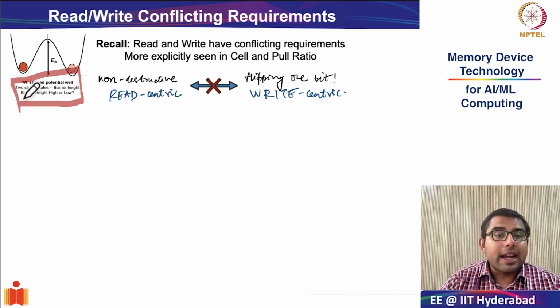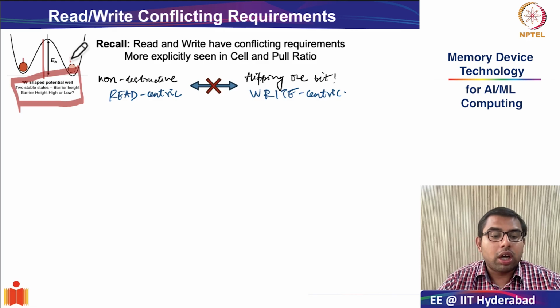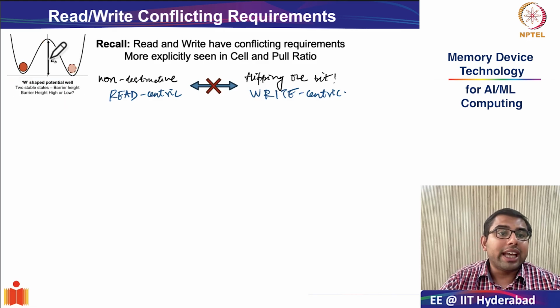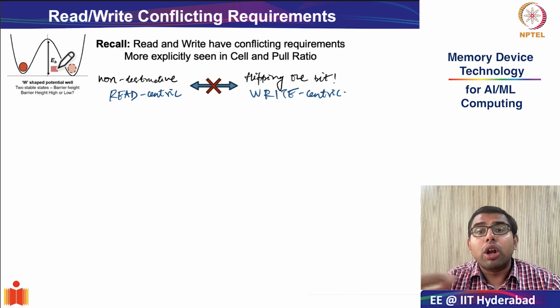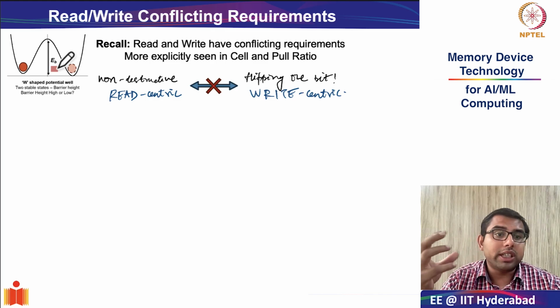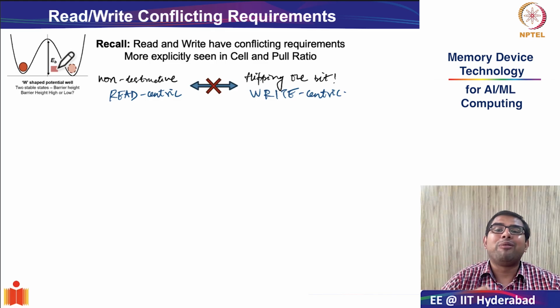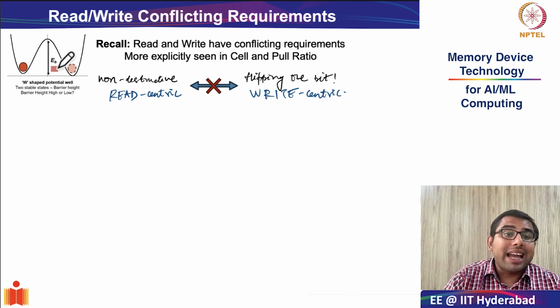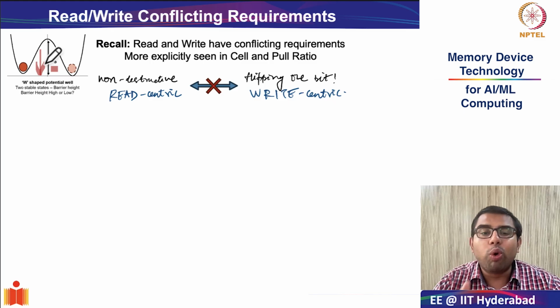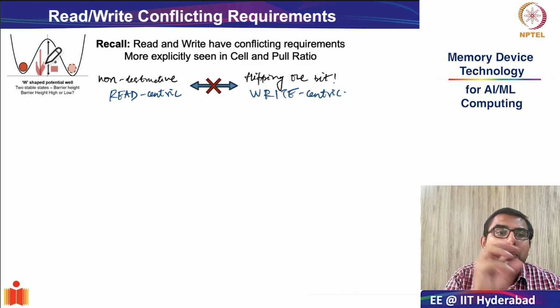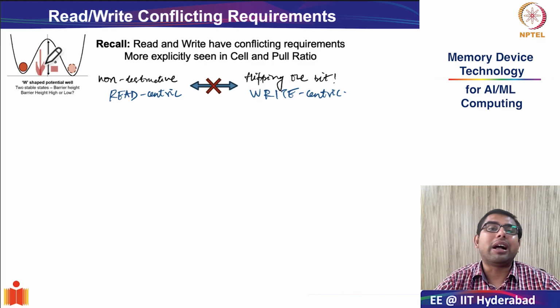And we discussed that if the height of this energy barrier, which is separating these two stable configurations, is very high, indeed you will get higher noise stability in hold and read operation, but writing will become very difficult, right? And if the barrier is too low, then of course write ease will improve, but the stability during read and hold will become worse.